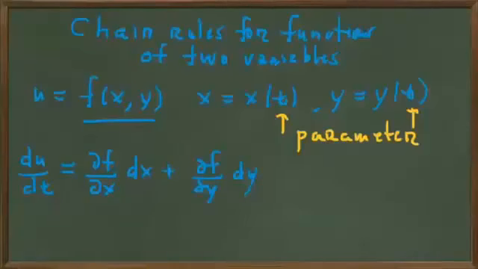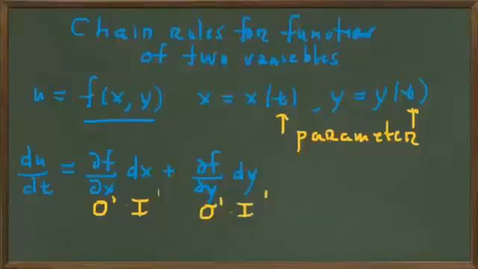So it should look very much like the regular chain rule: derivative of the outside, derivative of the inside, and again derivative of the outside, derivative of the inside multiplied together in both those cases.